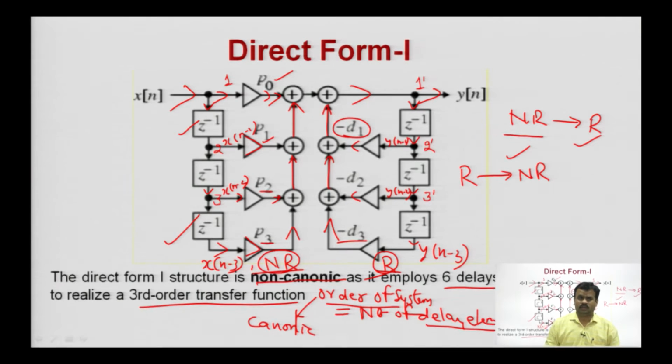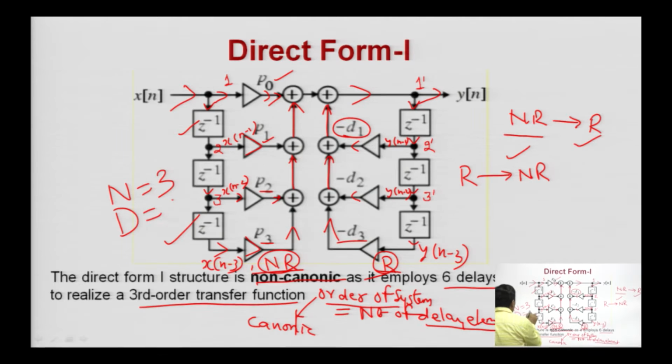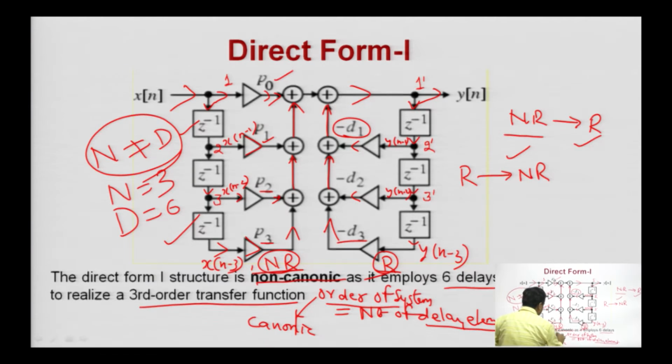So, you can see in this structure your order of system is, your n is equal to 3, but the required delay elements are equal to 6. It means your n is not equal to d. That is why this structure is called non-canonic.